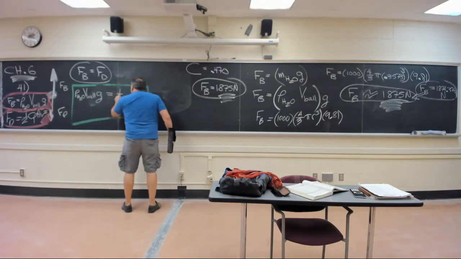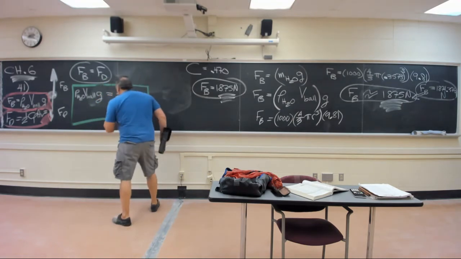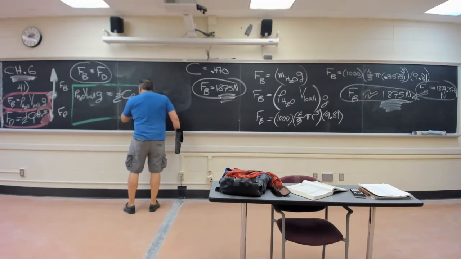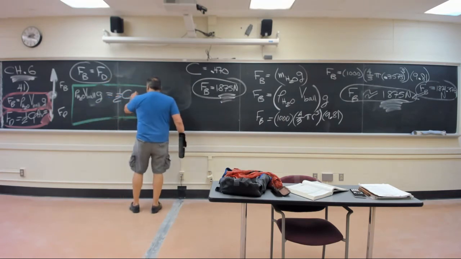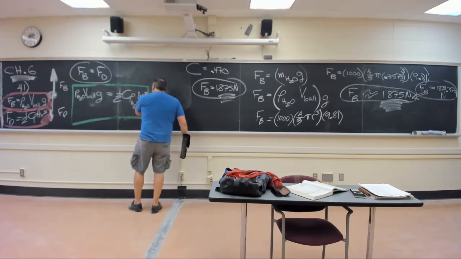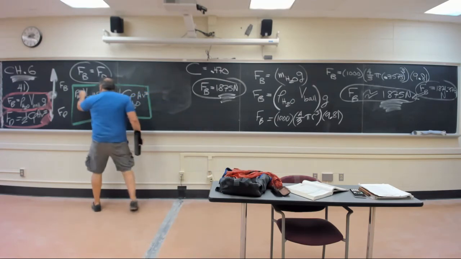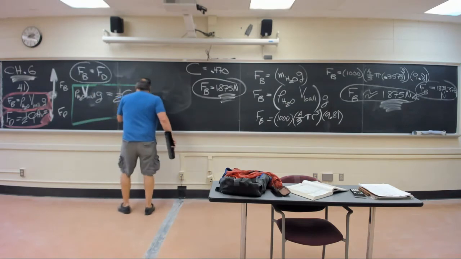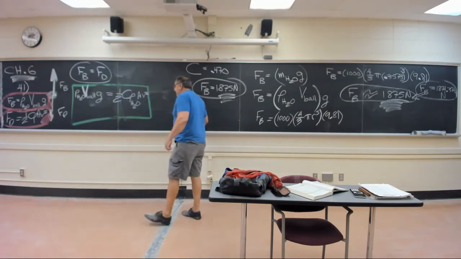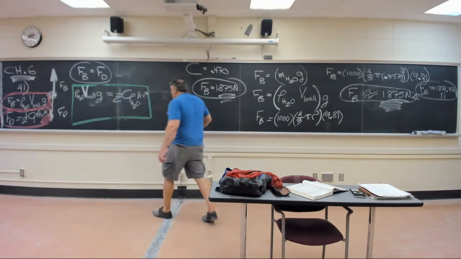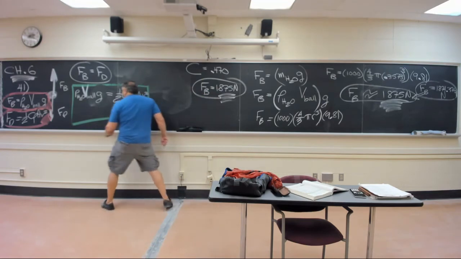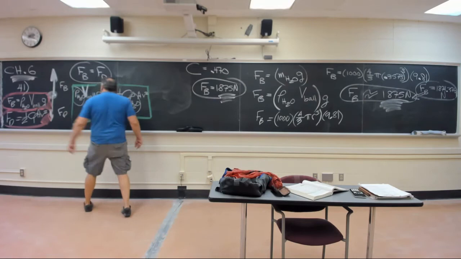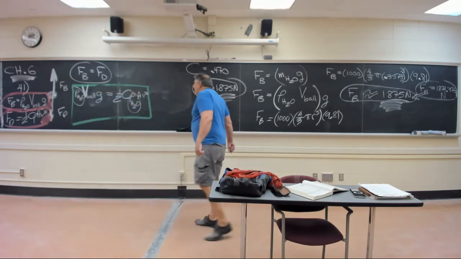Equals 1/2 C, rho of the fluid, guys, not rho of the ball. In this case, the rho of the fluid is the rho of water. That's A V squared. The capital V is volume. The small v is velocity. Well, rho H2O and rho H2O are going to cancel.